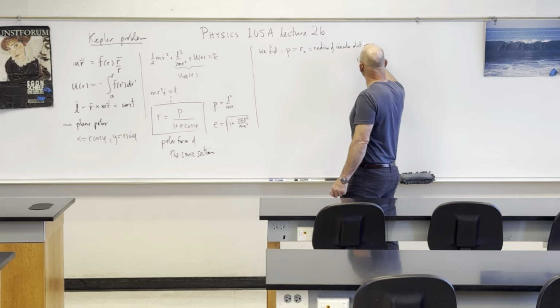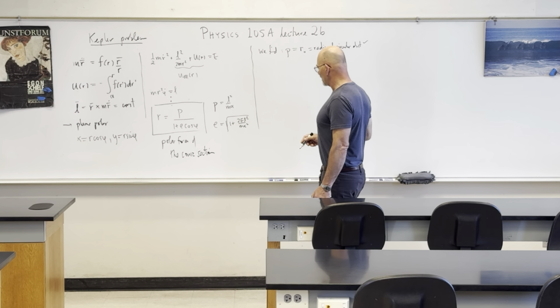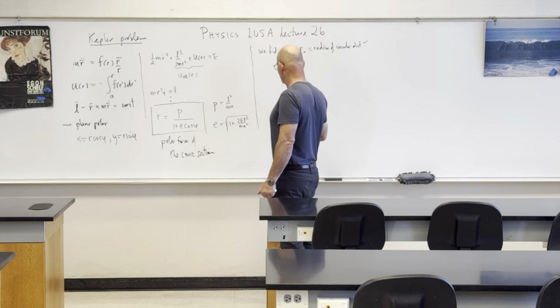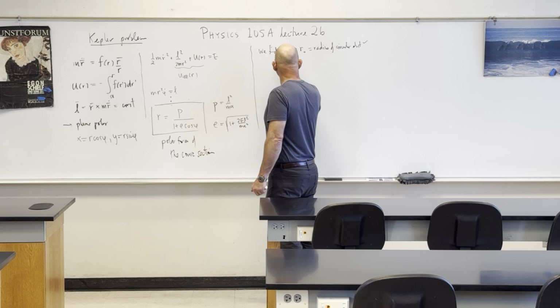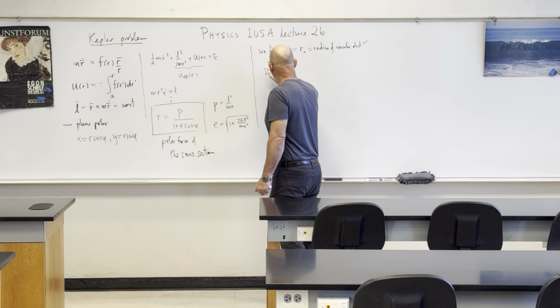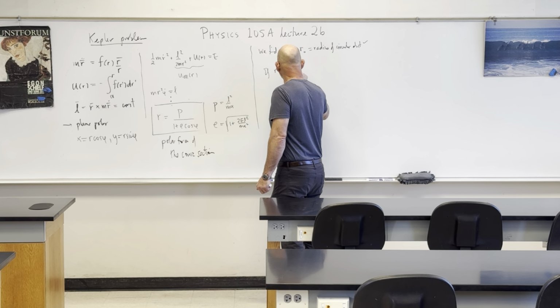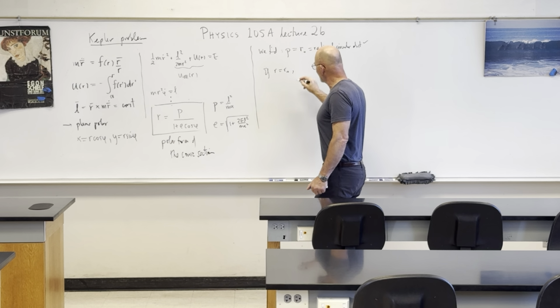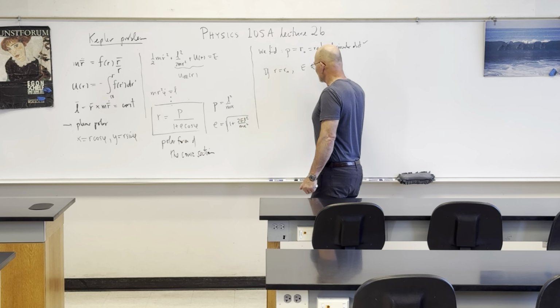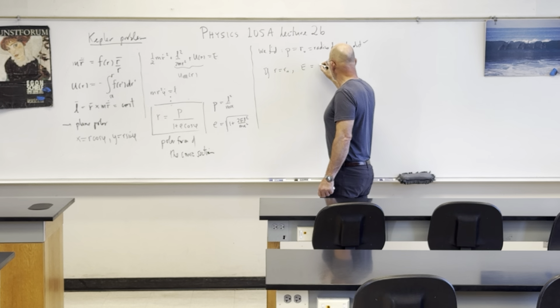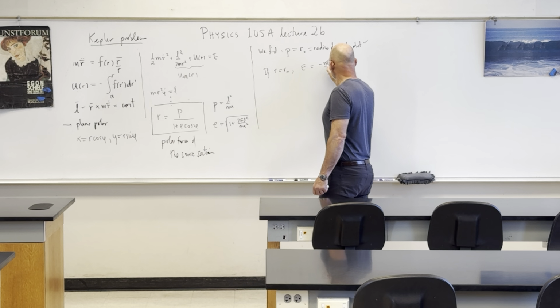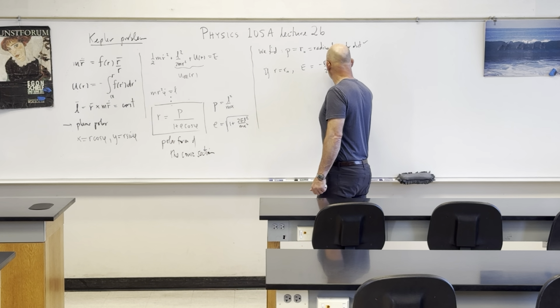We also found that if R is equal to R0, or this P right here, E is equal to minus m alpha squared over 2L squared.